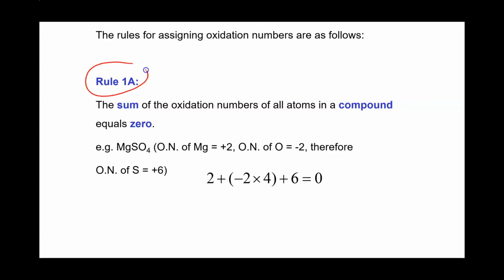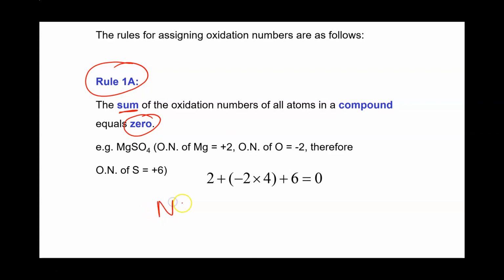This rule is probably the most important one. It says that the sum of the oxidation numbers of all of the atoms that are in a compound always adds up to 0. So that's a really nice rule, because if you have one atom that you don't know the oxidation number for, you can figure it out by difference.